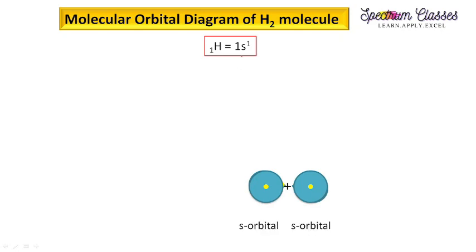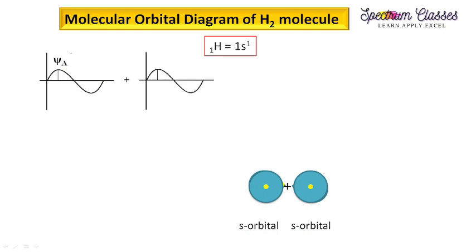Suppose this is the hydrogen atom, and it is represented like this. This has one s orbital, and this is the s orbital of another hydrogen atom. This is one hydrogen atom, and this is the second hydrogen atom, its nucleus. Suppose we have a wave. The electrons present here can be represented by electron waves, and these electron waves can be represented as a wave function psi a. The amplitude of this wave is represented by psi a.